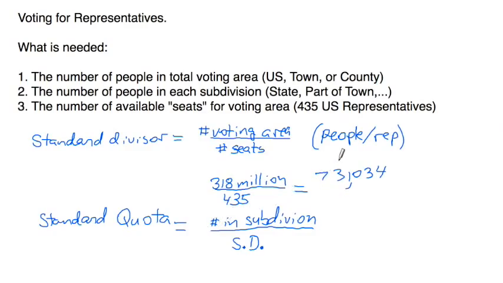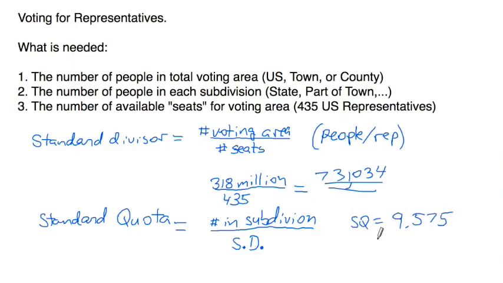And then the standard divisor would be this 731,000. So if there's 7 million people in North Carolina, and you divide by that number up there, your standard quota, SQ, for this example of using this number up here, would be 9.575.